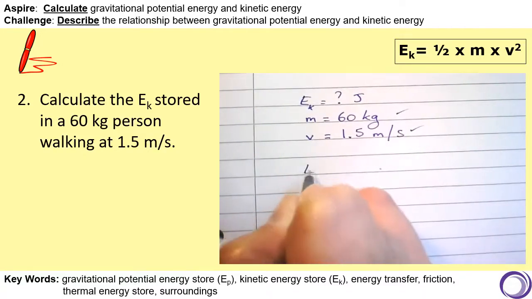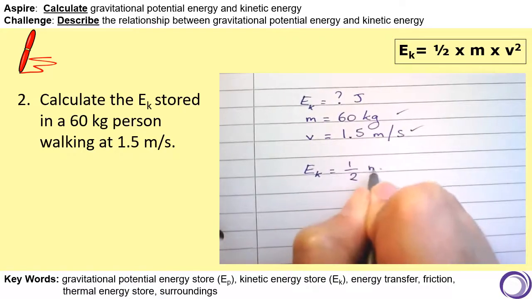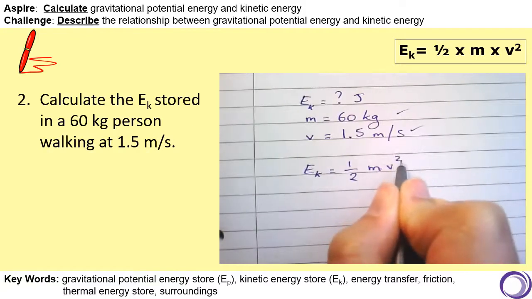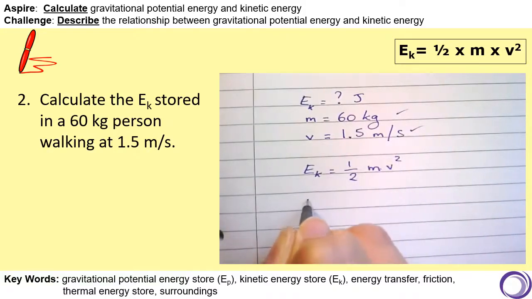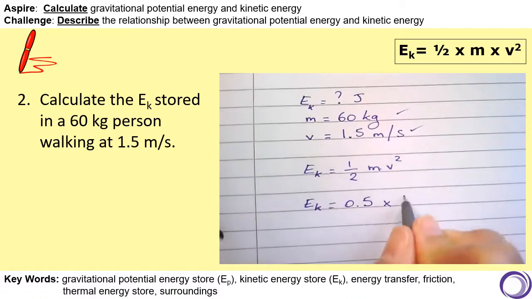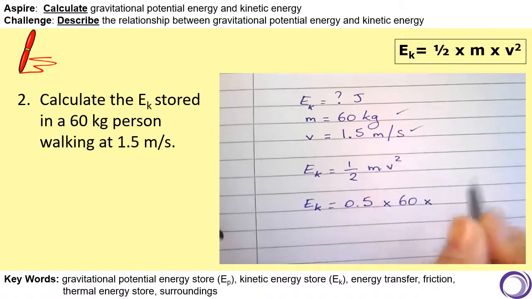So let's write the equation. EK equals half times mass times velocity squared. So again, we need to remember to square the velocity. So that's EK equals 0.5, which is my half, times the mass, which is 60, times the velocity, which is 1.5, but don't forget to square it.